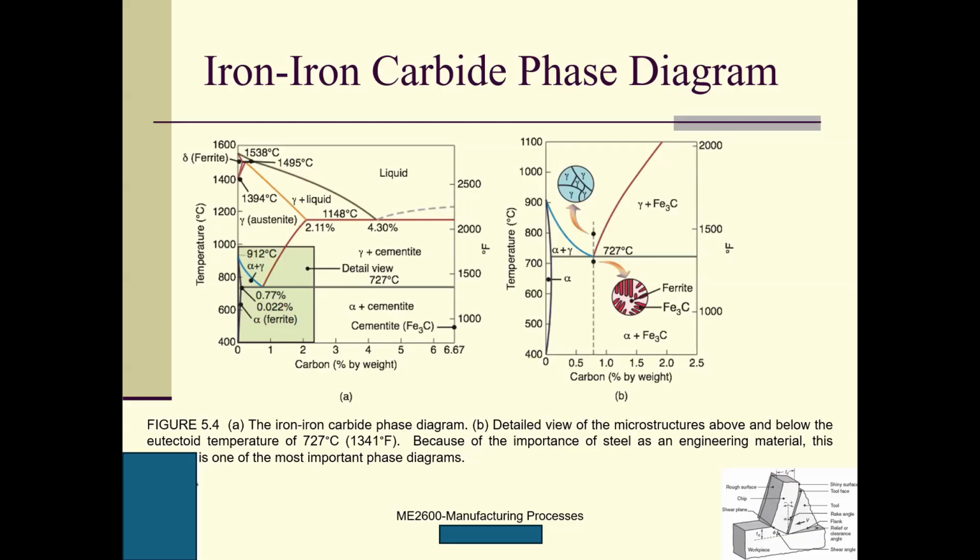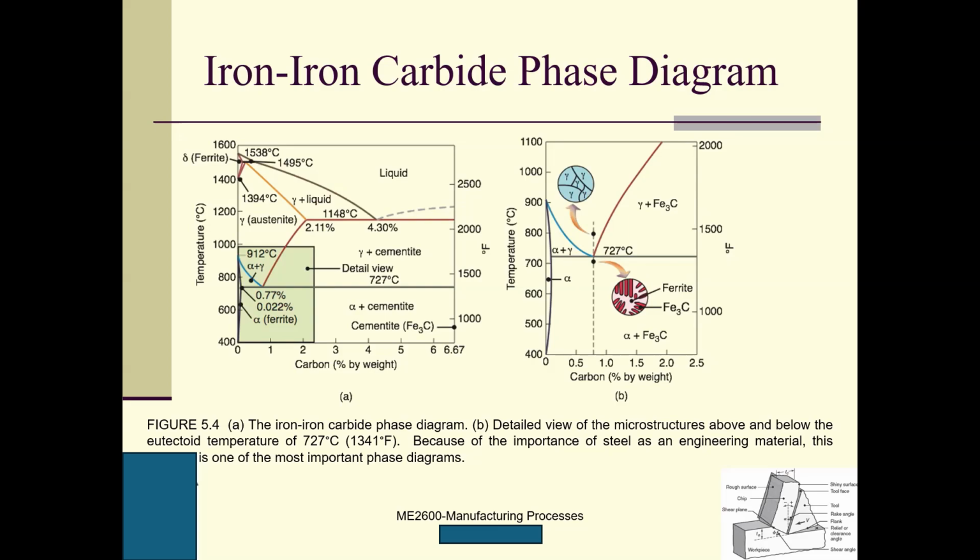This one is the microstructure above and below the eutectoid temperature. The eutectoid temperature is 727, for this content only, for this point. Okay, this is the gamma. Gamma is austenite.